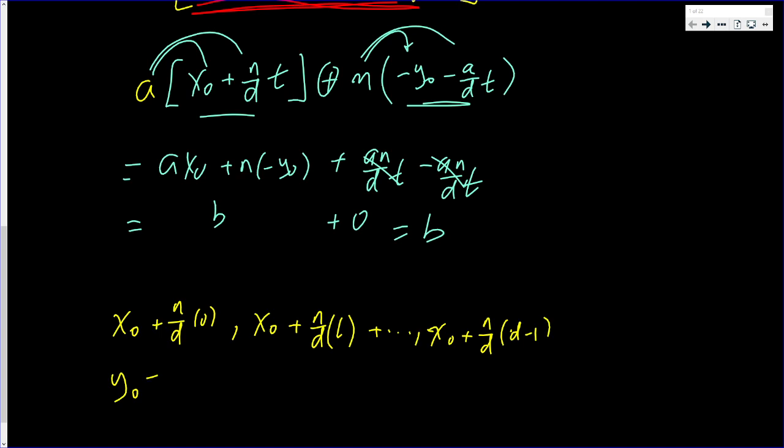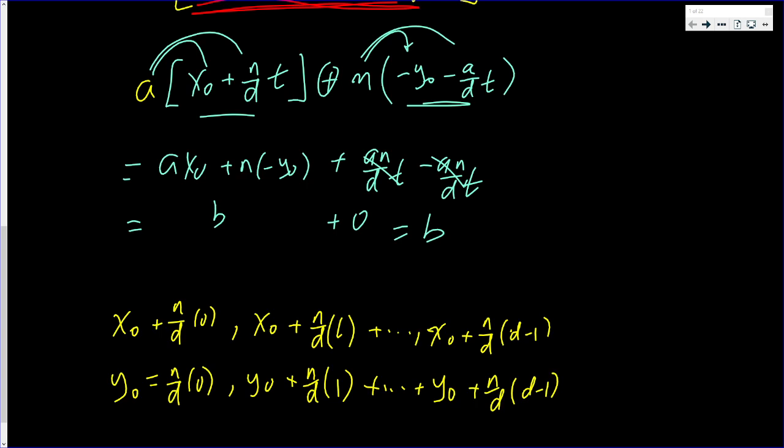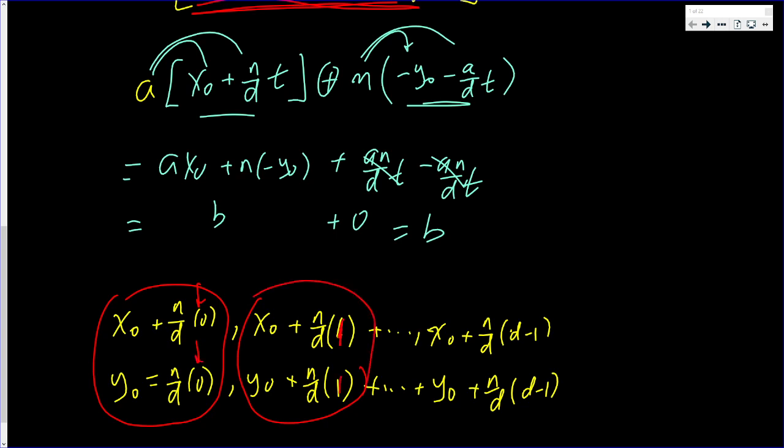Same thing for the y values: y0 plus n over d times 1, all the way up to y0 plus n over d times d minus 1. This may not be the greatest notation, but that's the solution where t is 0, this is the solution where t is 1, all the way to the end, where t is 1 less than d.